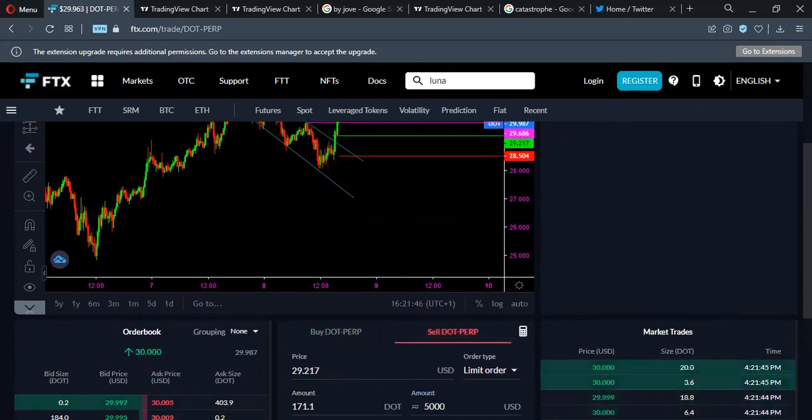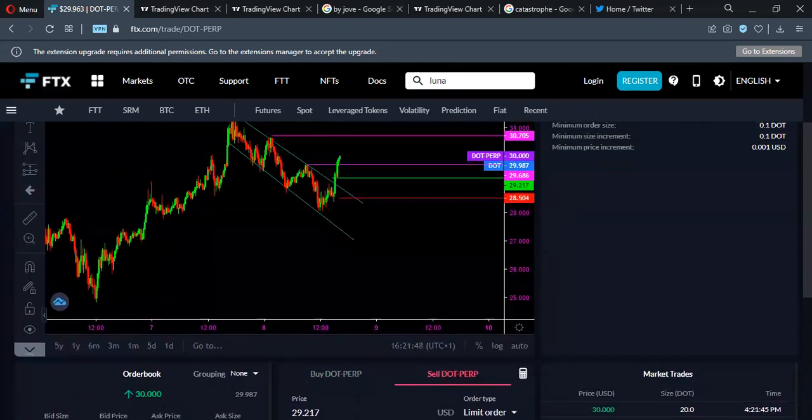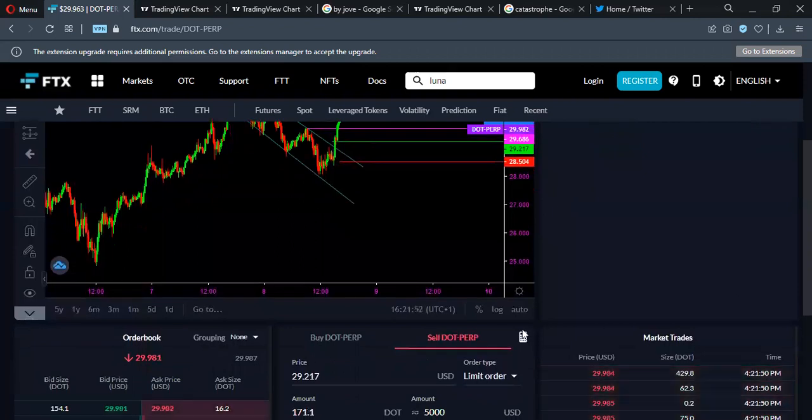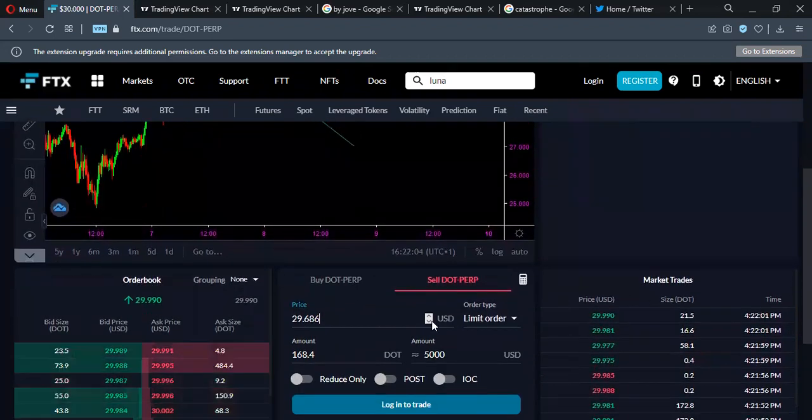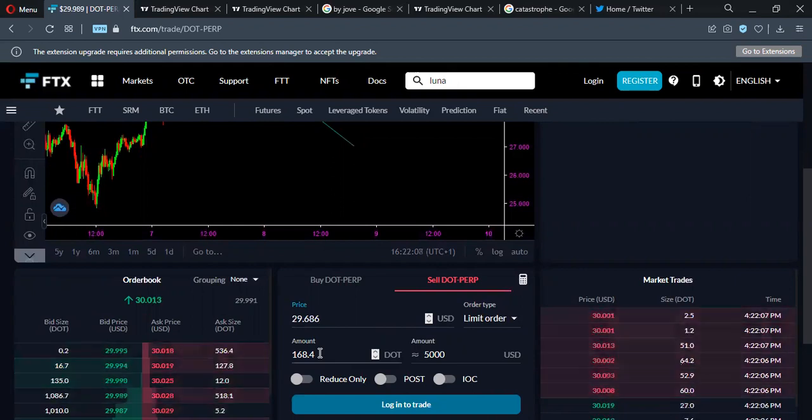Let's say we do not want to close all our position at this first target of 29.686. Remember that what we had initially was 171.1.